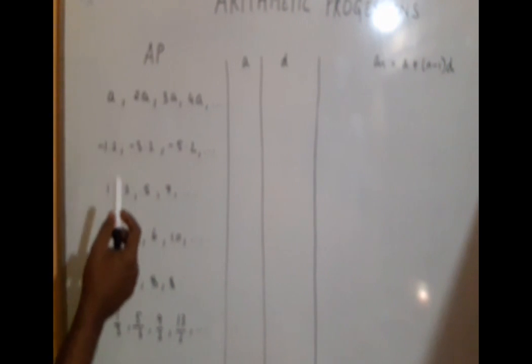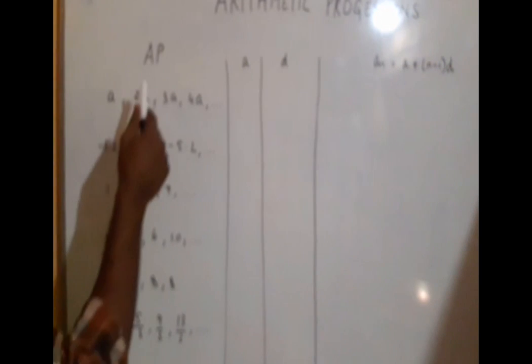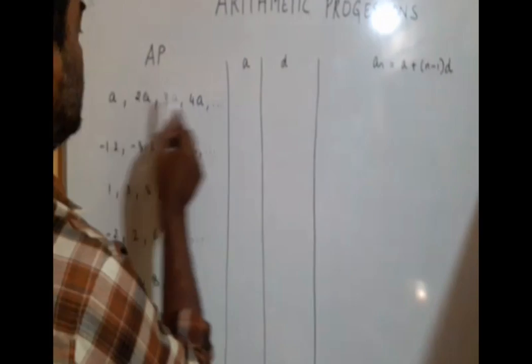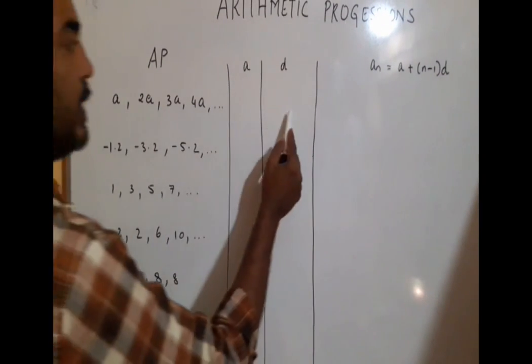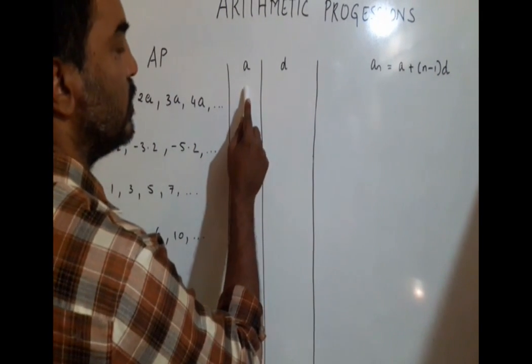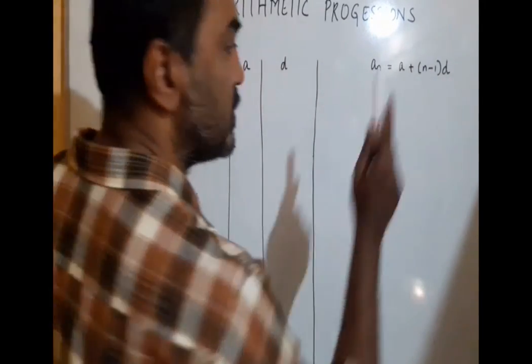So I'm making myself clear again. We are already told that these are arithmetic sequences. What we will do is write down the first term, find the common difference, and with their help find the formula of the general term of the sequence.